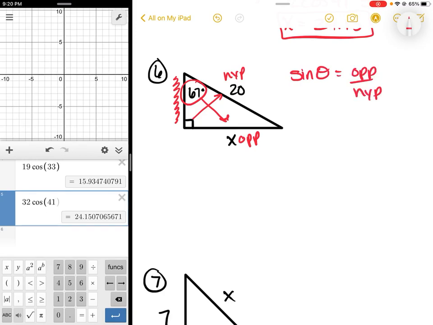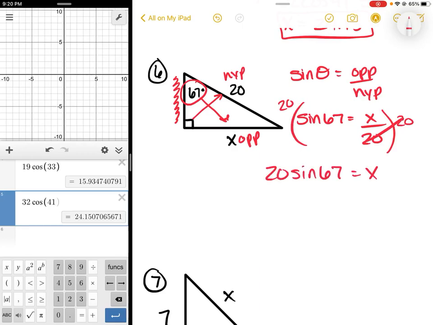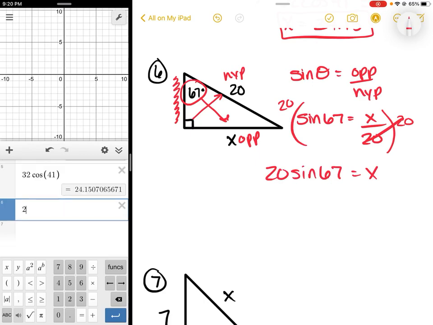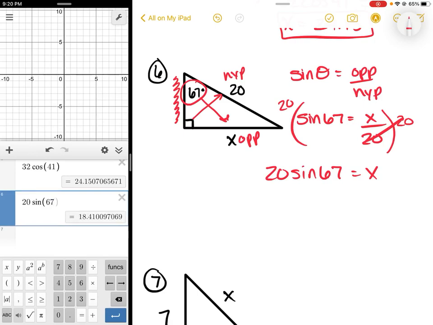Sine theta is 67. Opposite is x. Hypotenuse is 20. Multiply by that denominator. And when I do that, x is by itself. This one's the easy one. So I'm going to type 20 sine of 67. So x equals 18.41.